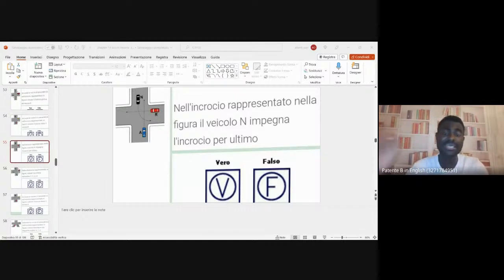So, guys, in this junction, N impegna per primo. When you say impegna, it means you enter. It doesn't mean that you will finish crossing. You are just engaging. You are getting into the road. And the answer to this question is false, because N will be the first vehicle to engage the road. N will enter and stop in the middle of the junction, and then R will go, A will go, and N will be the last vehicle to go.